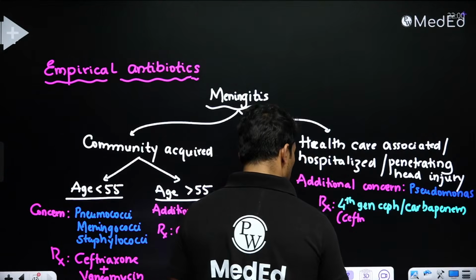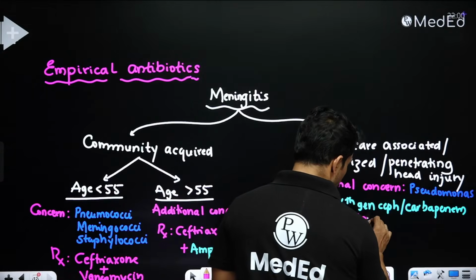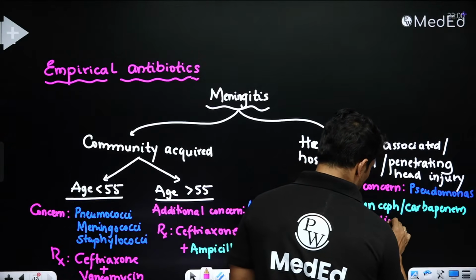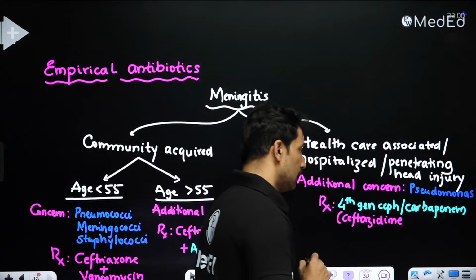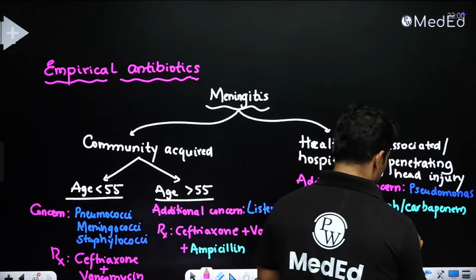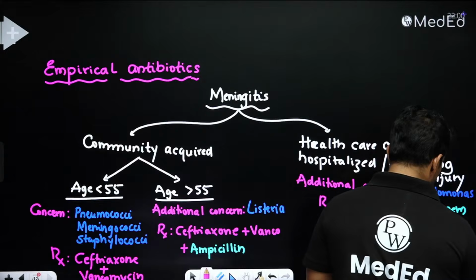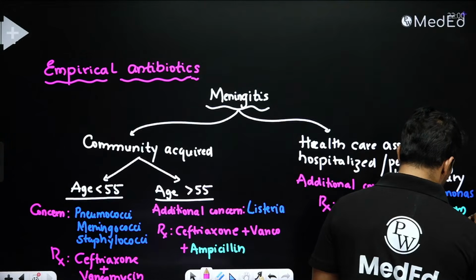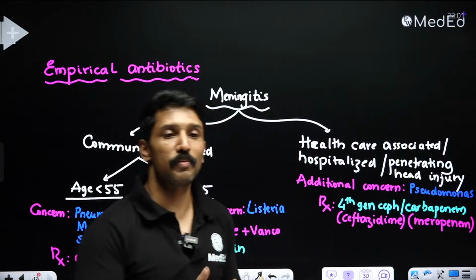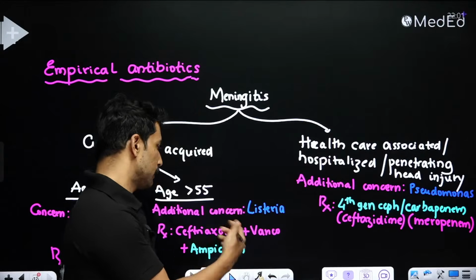In your pharmac book, you may get multiple examples. You should choose the one with good blood-brain barrier penetration. Either I can use ceftazidime, or among the carbapenems, meropenem has excellent blood-brain barrier penetration. So that would be my choice of carbapenem, right?